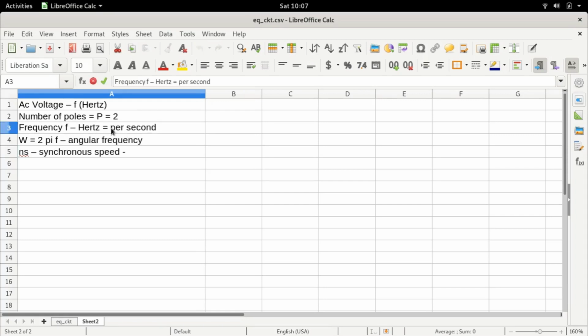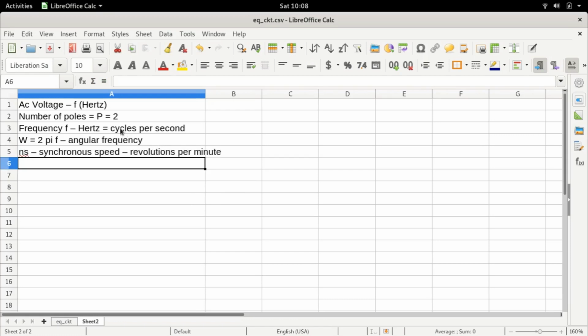Let me write that down. It is cycles per second. And instead, here we have revolutions per minute. So what this means is that if this frequency resulted in a movement, this movement would be in revolutions per minute.